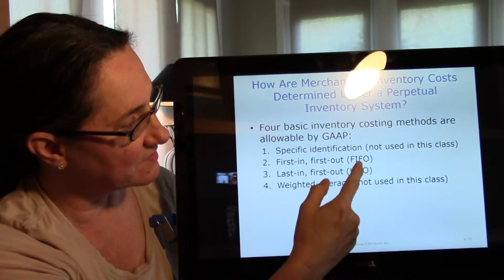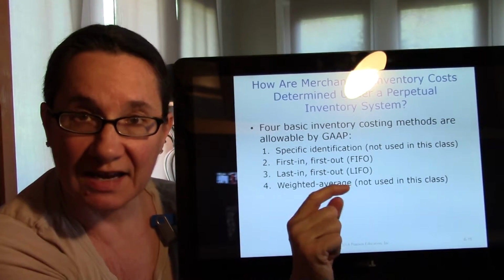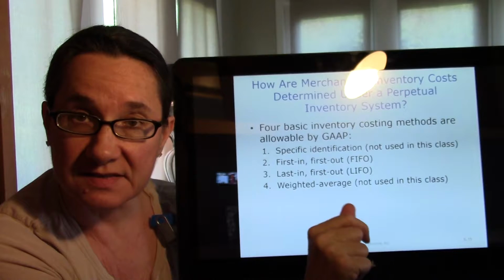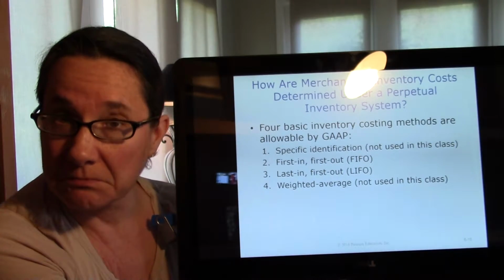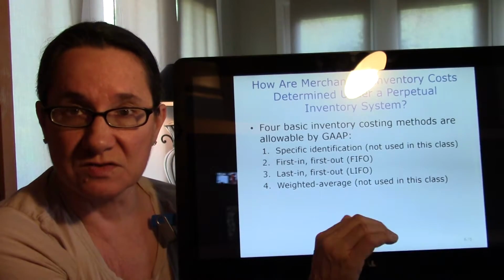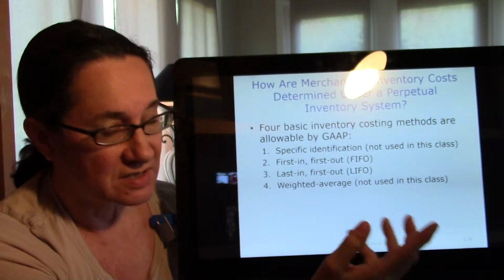So the first one, specific identification, is not used. But it's just like it sounds. You actually track each thing exactly as it's sold. So you'd use this for a big item with a serial number like a car. You can track those, so you know exactly what it costs. The next one is weighted average.